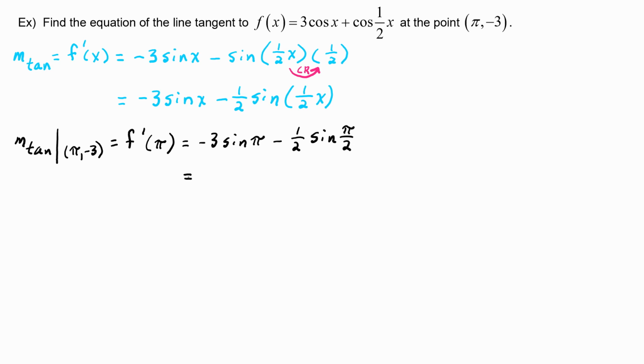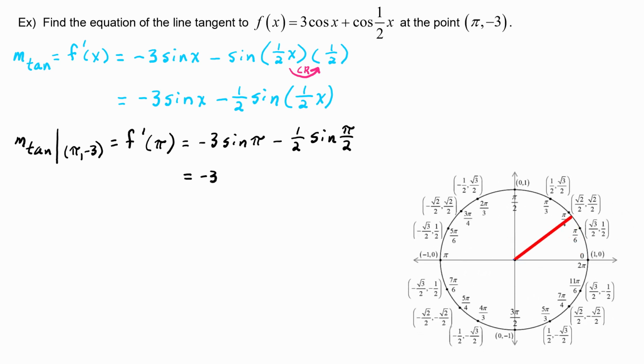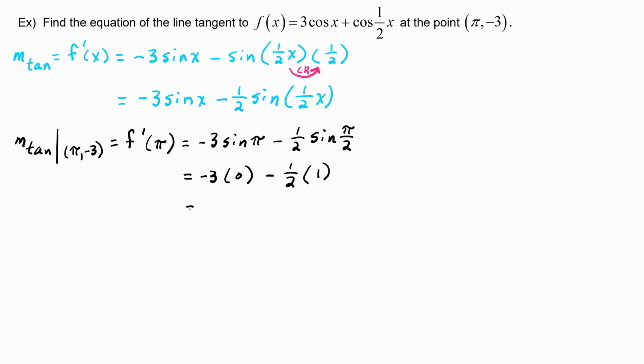So this is going to equal negative 3. Now looking at the unit circle, we know the sine of pi is 0, minus 1/2 times the sine of pi over 2, which is 1. So this slope is going to simplify to be negative 1/2.